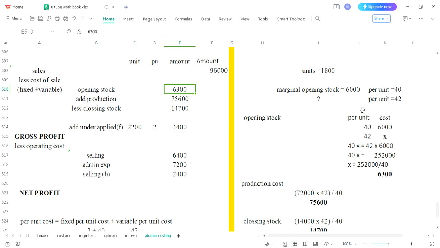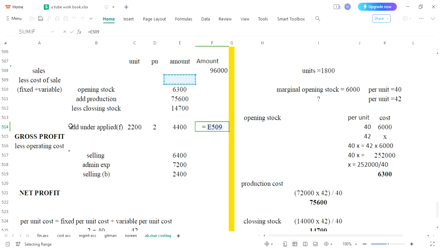We were required to calculate amounts of opening stock. We have calculated amount of production, amount of closing stock, under applied, selling and admin. Everything has been completed. We are now ready to calculate our gross profit, which is the difference between cost of sales and sales. So first we will calculate our cost and we will be focusing upon these signs.